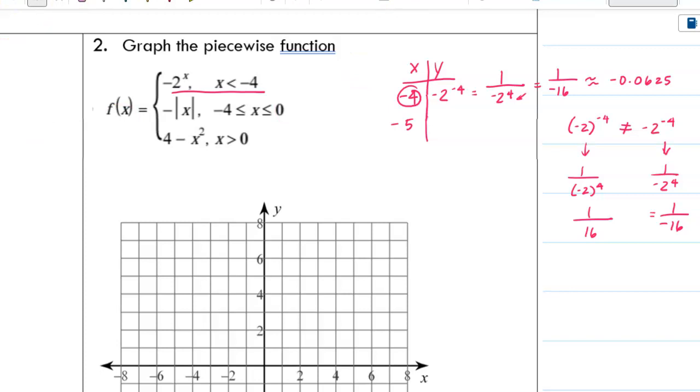So we have a -5, which is going to be a -2 raised to the 5th power. 2 to the 5th power is 32, is it? Yep. And so that's -32, which comes up to be about -0.03125.